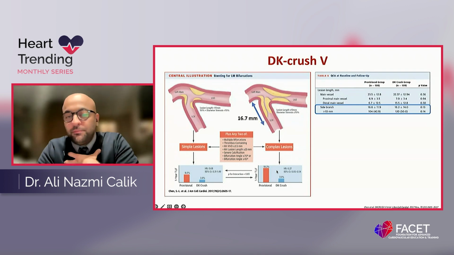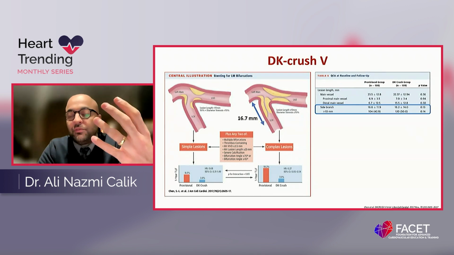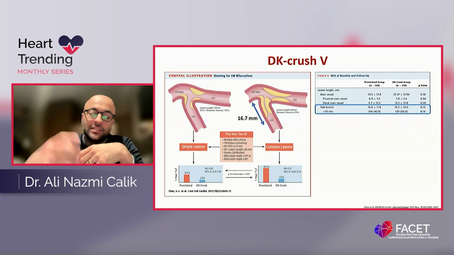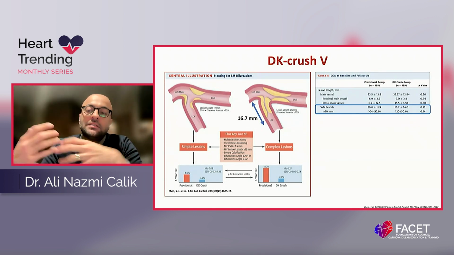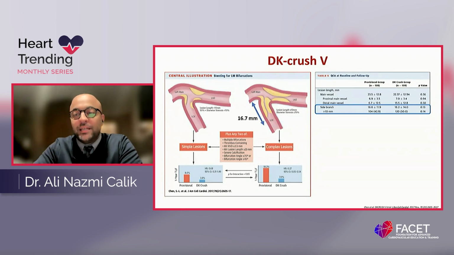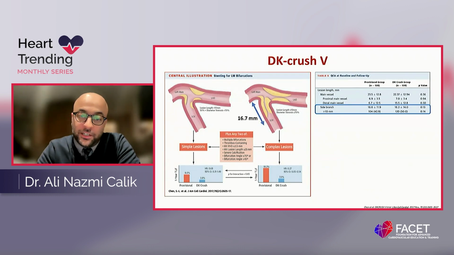So my take from these two trials is, if a left main lesion or a non-left main lesion has a significant side branch ostial stenosis, of course, DK Crash may be a better choice than a provisional strategy.